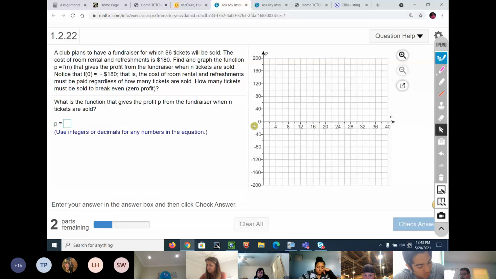So I'm going to try to draw this on my handy dandy whiteboard here. 0 and 180 is right here. 0, negative 180. And up here, if you sold $6 tickets, how many will 6 go in there? 30 times, right? 30 times 6 is 180, is it not?